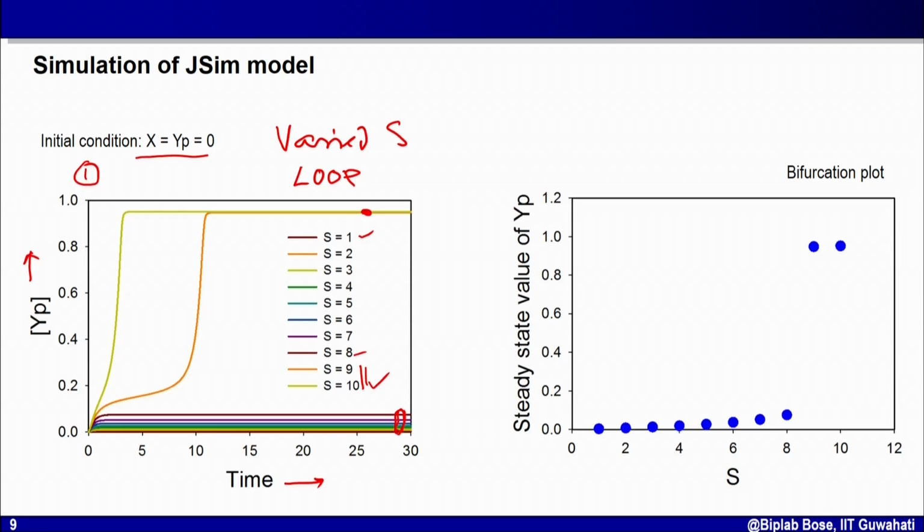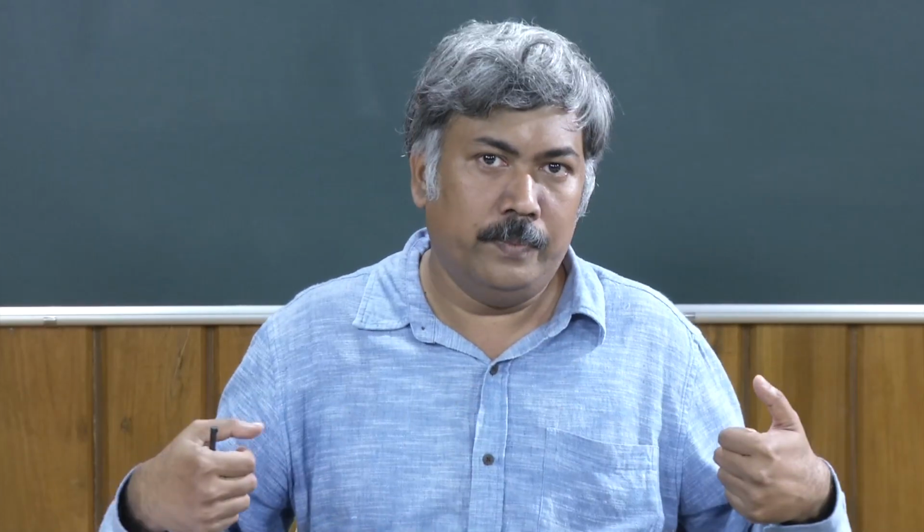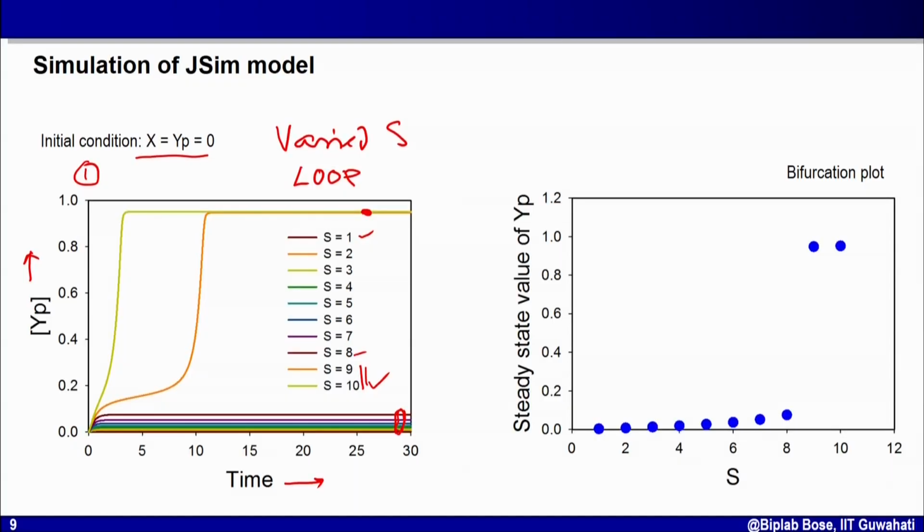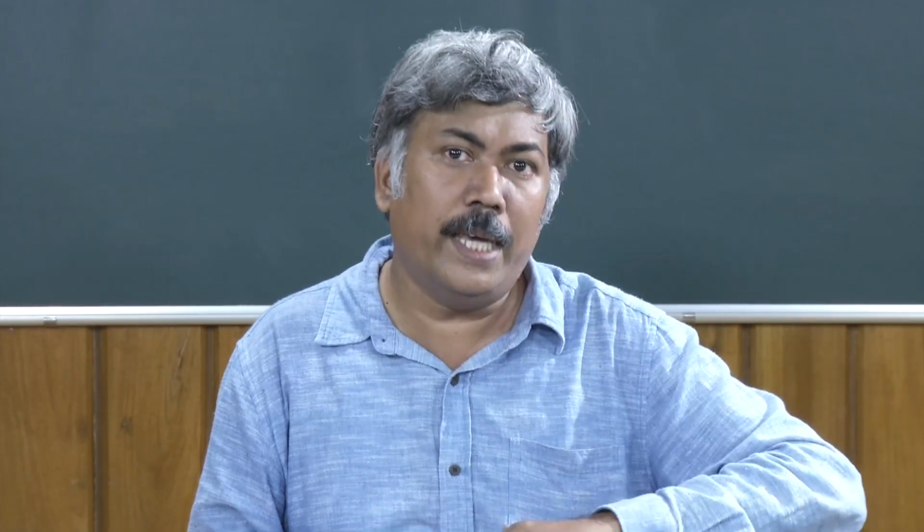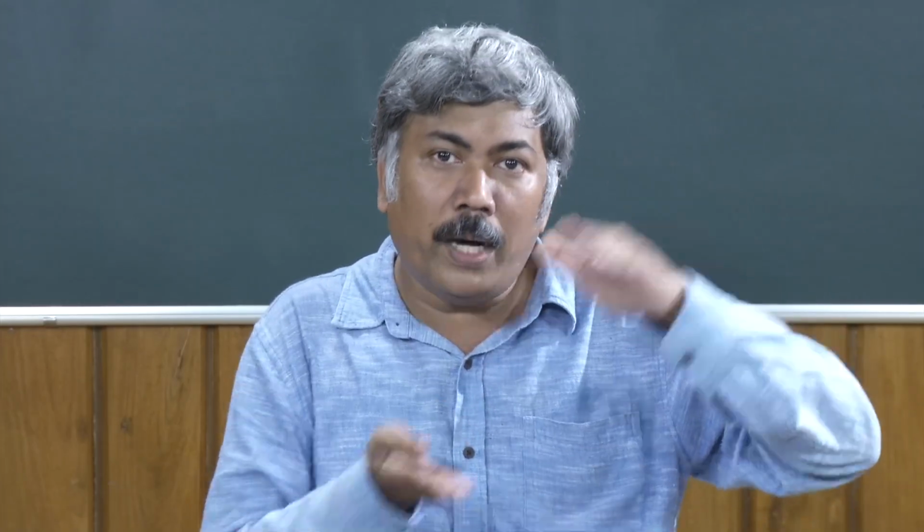So you can easily see, depending upon the input signal s, I am getting two different regimes. Till s equal to 8, I have steady states which are very close to each other at a lower value of yp. Whereas when I increase s to 9 or 10, they bunch together and give me a higher steady state.